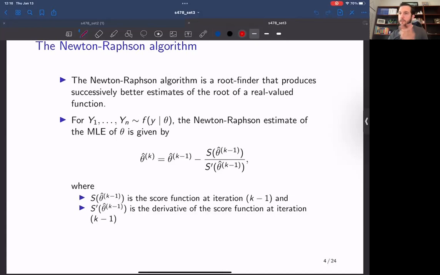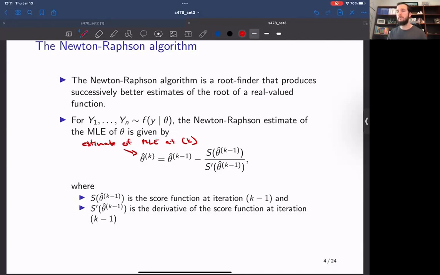This is going to be the estimate of the MLE at iteration k, and it is equal to the estimate of the MLE at iteration k minus 1, minus the score function evaluated at theta k minus 1 divided by the derivative of the score function evaluated at iteration k minus 1.